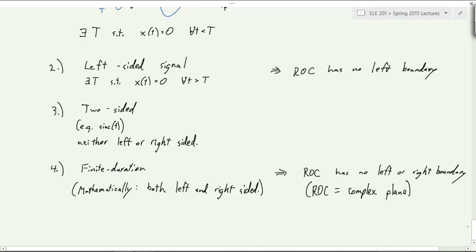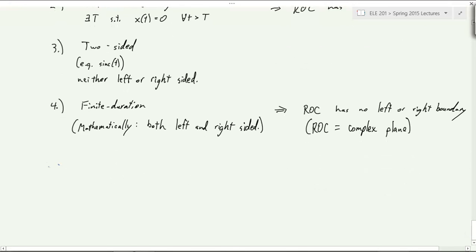So it turns out what we really care about, first of all, let's mention causal. What does it mean to be causal? A causal signal, this is kind of funny because we talk about causal systems, has x of t equals 0 for all negative t. Why is that a causal signal? Really, causal is just a system property.